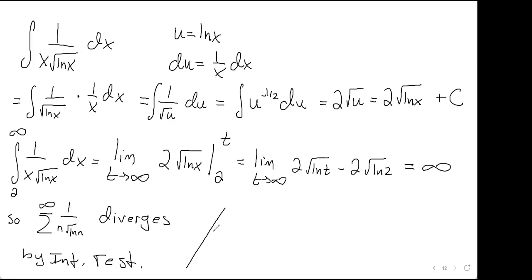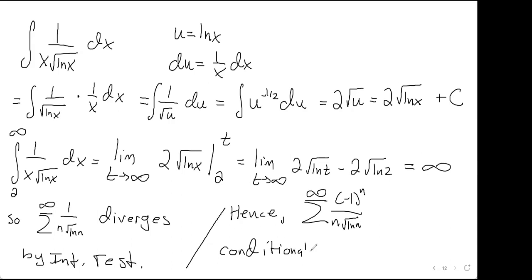So the actual last thing we get to say about this is, I'll put in a great connecting word, hence. It's a few pages back, so we'll actually write this series out. (-1)^n over n square root of the natural log of n conditionally converges, because it does converge, but not if you remove the alternating part.